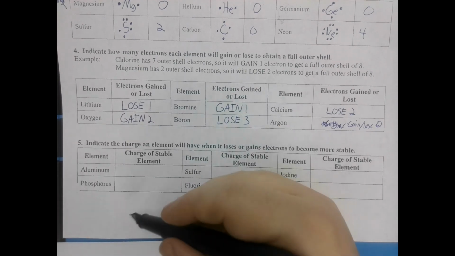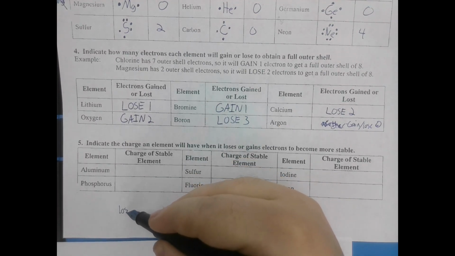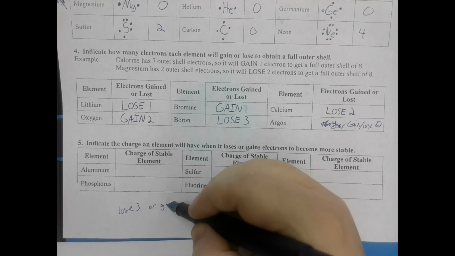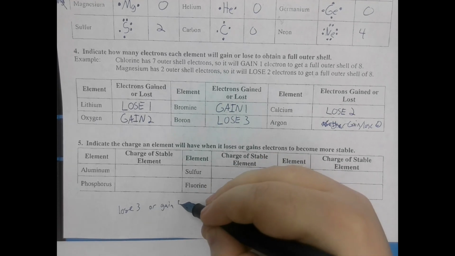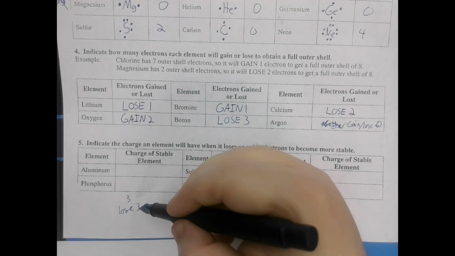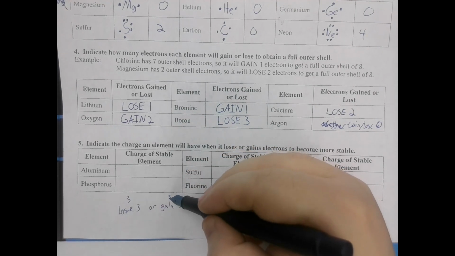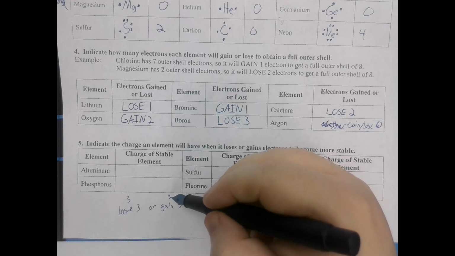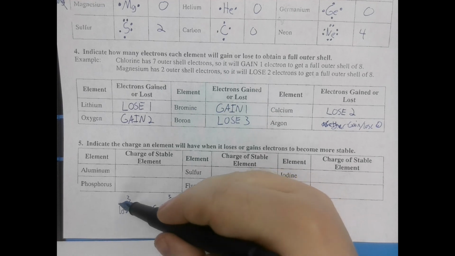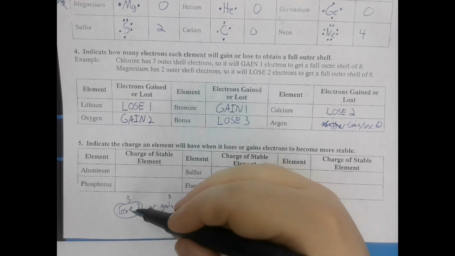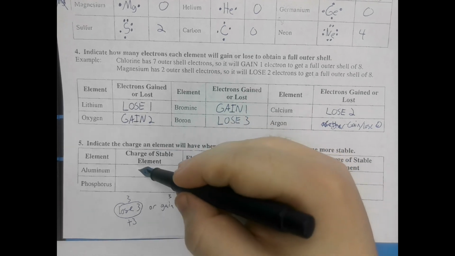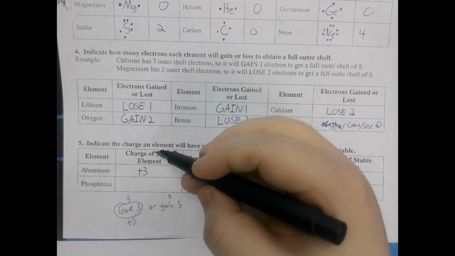So it either wants to lose 3 or gain 5 to get to 8. So it starts out with 3. It can either lose those 3 or it can add 5 to the 3 and make it have 8. Obviously, it's going to want to lose 3. And losing 3 is going to make it more positive. So the charge of +3.